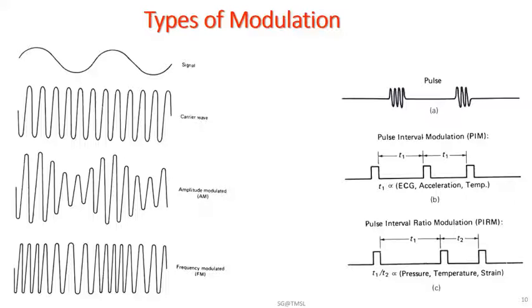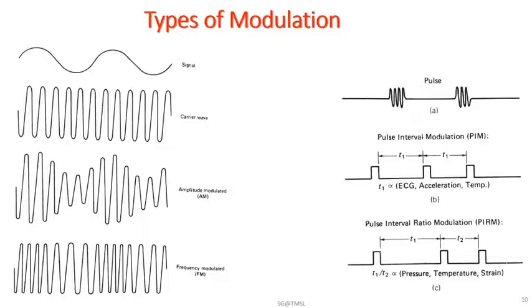On the right hand side you can see the pulse modulation technique, a pulse modulation system where the carrier is a series of short pulses. In pulse amplitude modulation, the amplitude of the pulse is varied according to the transmitted information, whereas in PWM, pulse width modulation, the width of the pulse is varied according to the transmitted information.